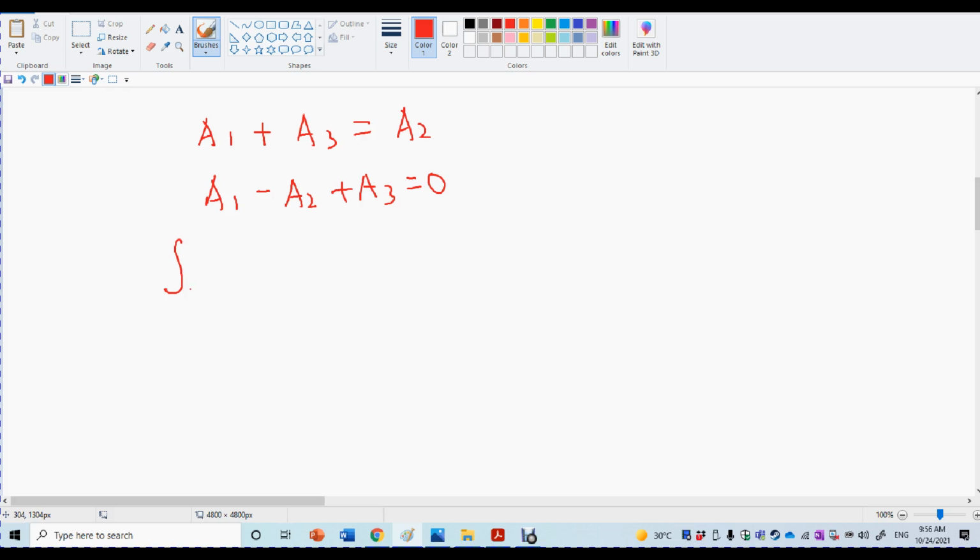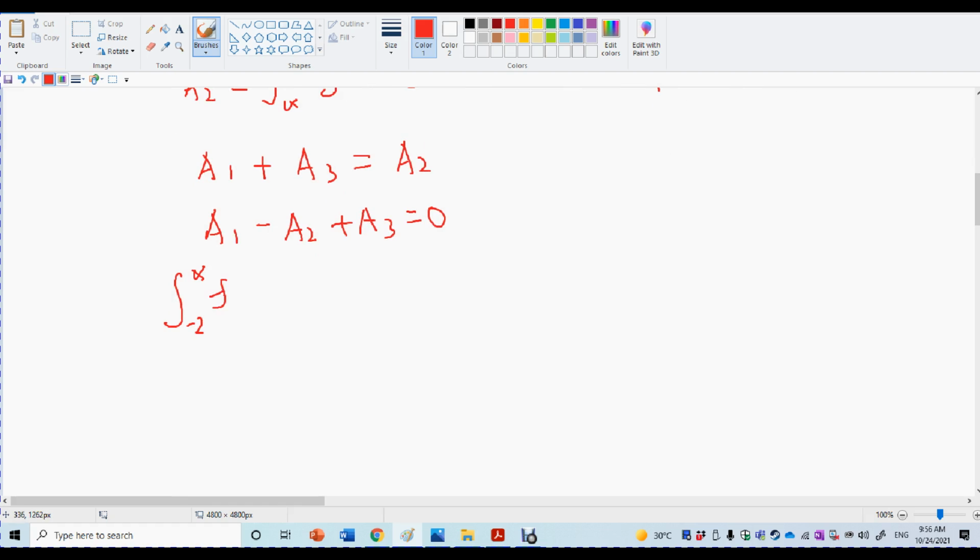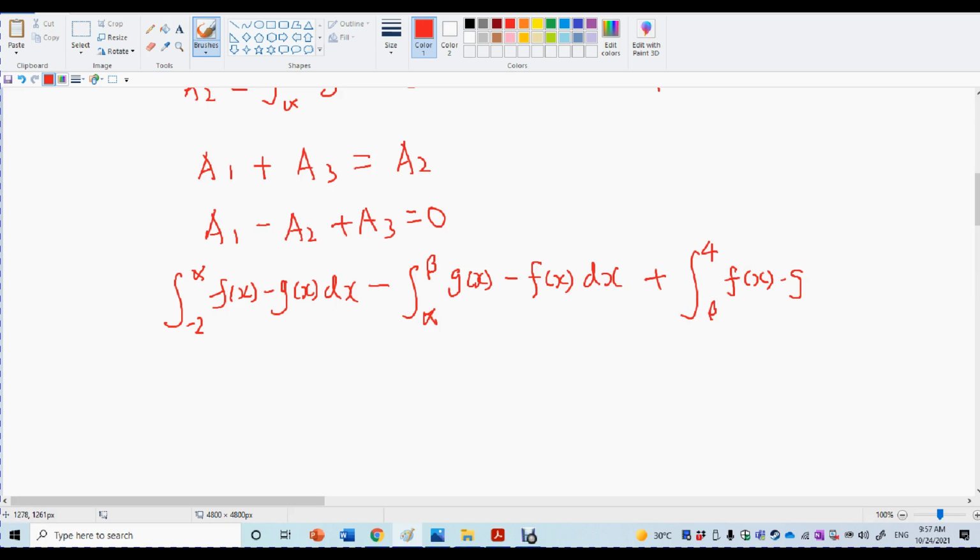Area 1 is from -2 to alpha of f(x) minus g(x) dx, then area 2 is from alpha to beta of g(x) minus f(x), and then from beta to 4, f(x) minus g(x) again. All this equals 0.